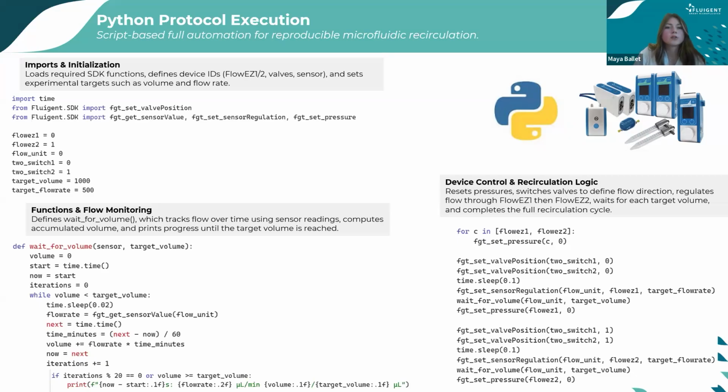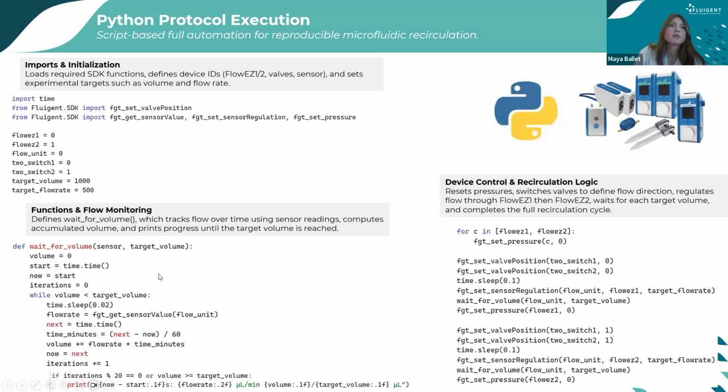The code is organized in three main parts. First, you have the import and initialization section. This is where we load all the Fluigent libraries, connect to the Fluigent devices, and define all the initial parameters, such as the flow rate, the pressure range, and so on. Second, we define the functions.